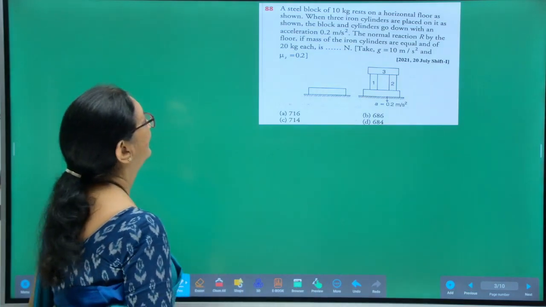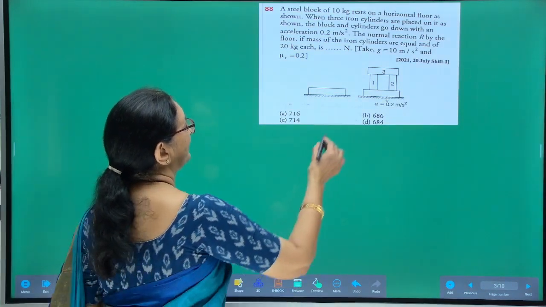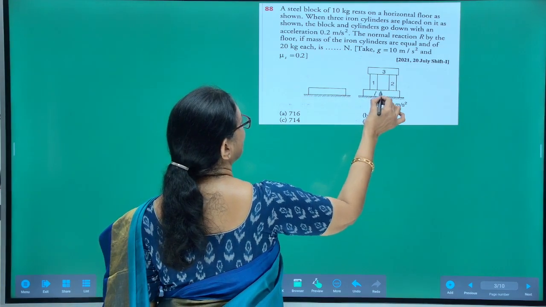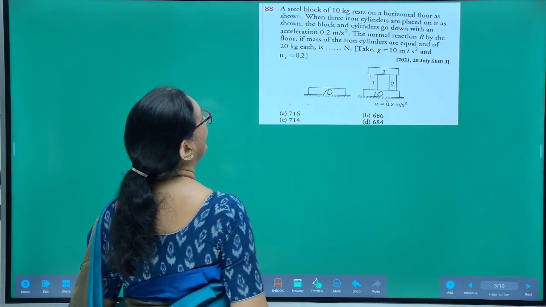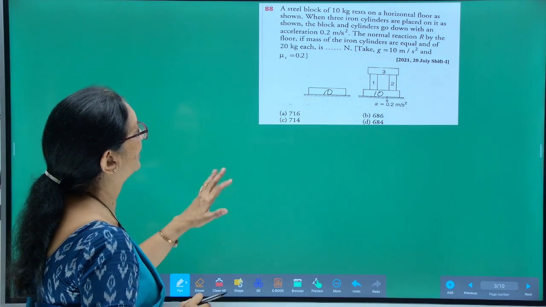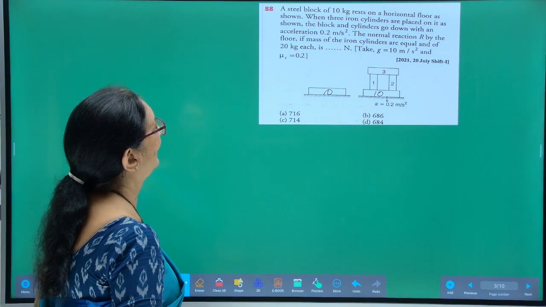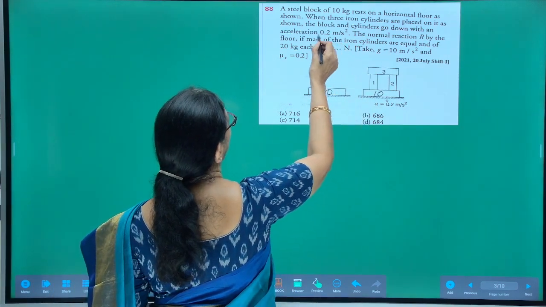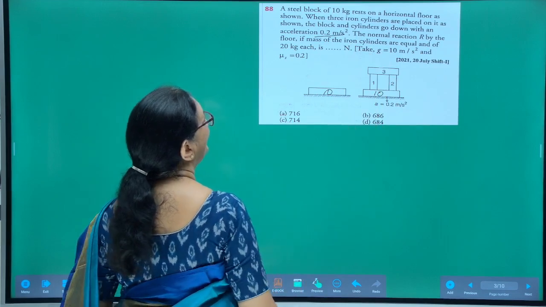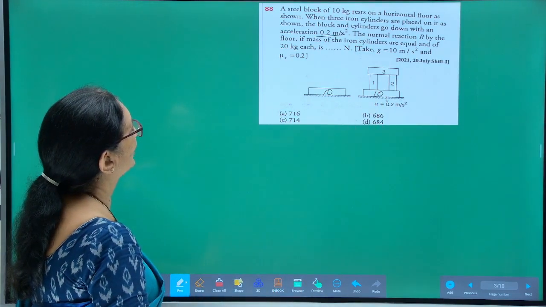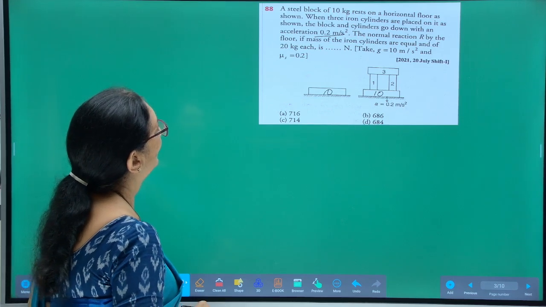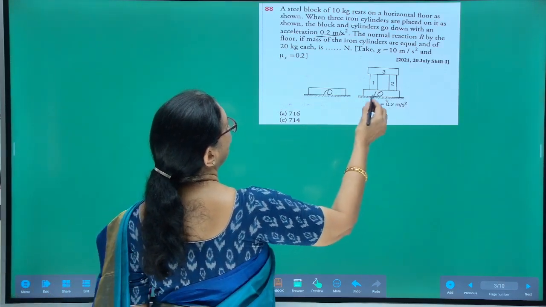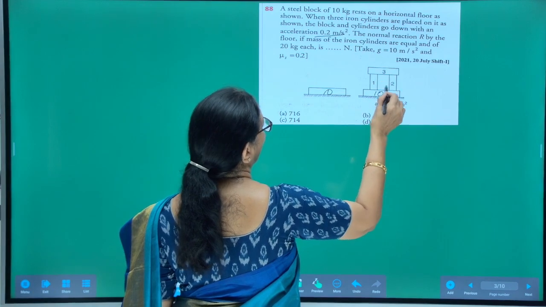Now, look here, a steel block of mass 10 kg is placed on a horizontal floor. 3 iron cylinders are placed. Cylinders go down with an acceleration 0.2 meter per second square. Find the normal reaction by the floor if mass of each cylinder is 20 kg.